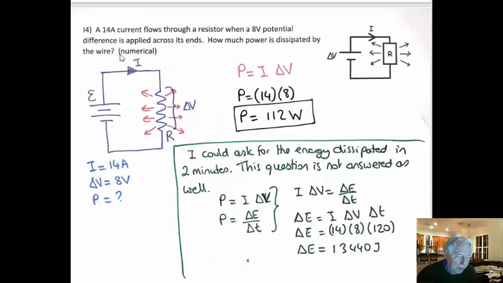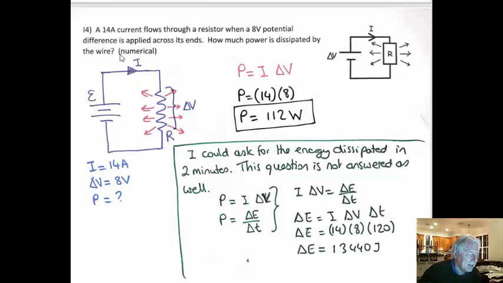So the resistor works by getting in the way of the flowing electrons. They collide, and it's a collision. So there's energy given off. There's not always energy given off, but in this case there's energy given off, and that's given off as heat, and you feel resistors get warm, and so that energy is dissipated.